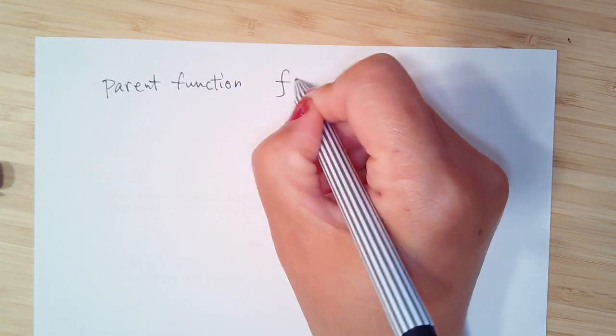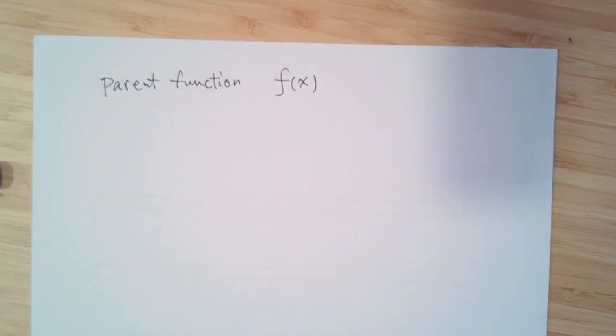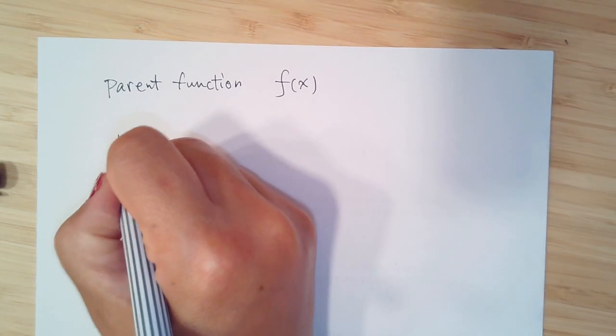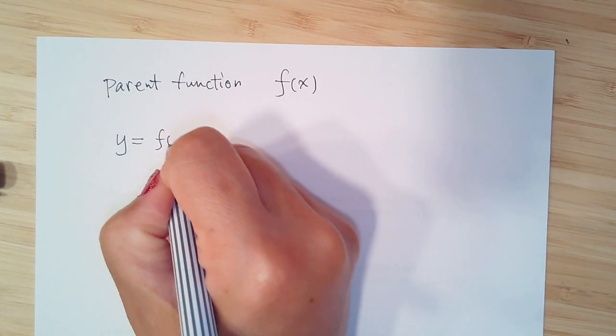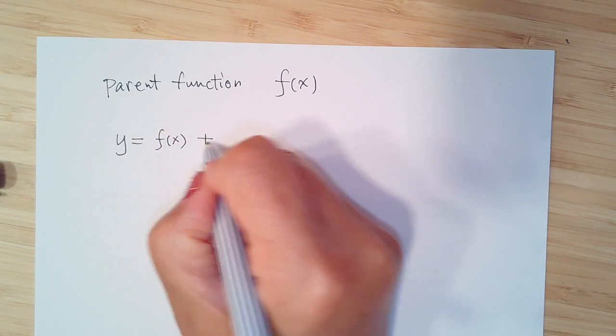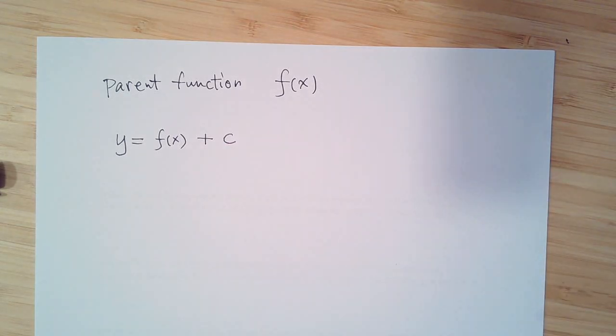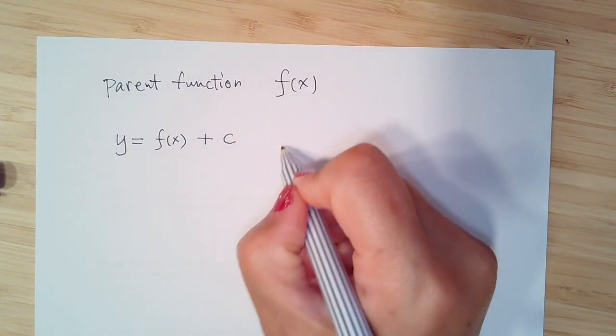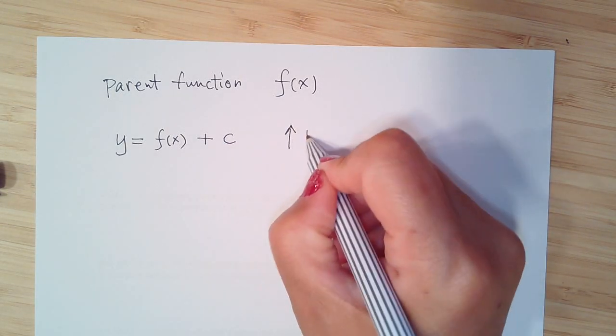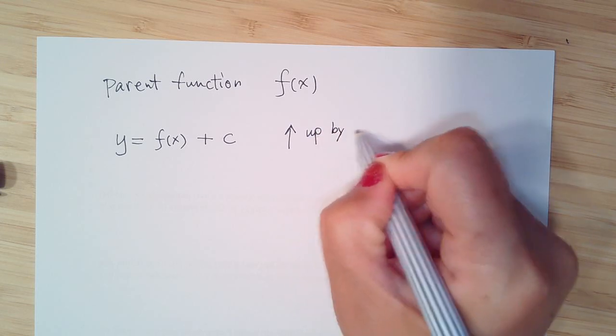All right, the conclusion is this. Parent function. It's interesting that they call that parent function, isn't it? Parent function f of x. And then if the new one is y equals f of x plus c, you plus a number, which means you're going to move up by c.